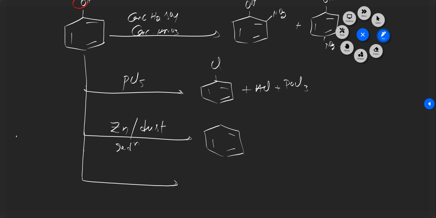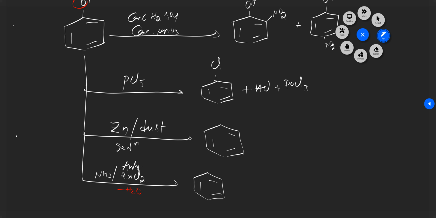If it is reacting with ammonia in the presence of anhydrous zinc chloride, zinc chloride is the dehydrating agent. Dehydrating agent means it is going to cause removal of water.